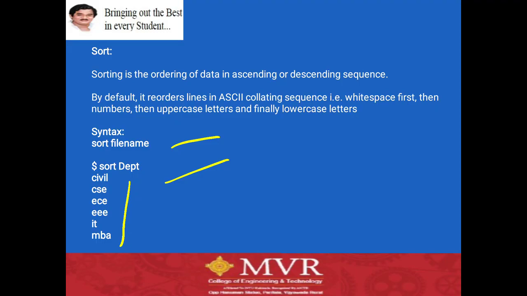After C, the next letter in civil is I and in CSE it is S. Because I comes before S, civil is displayed first, followed by CSE, and so on. All will be arranged in alphabetical order, like you will find in a dictionary.